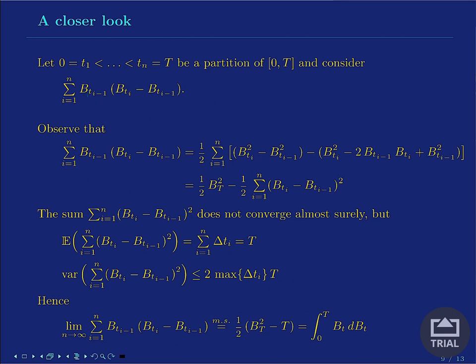So with a little bit of algebra, we can transform this Riemann-Stieltjes sum into this expression. So what we have here is a mixed term and a quadratic term at time t_{i-1} with a negative sign.